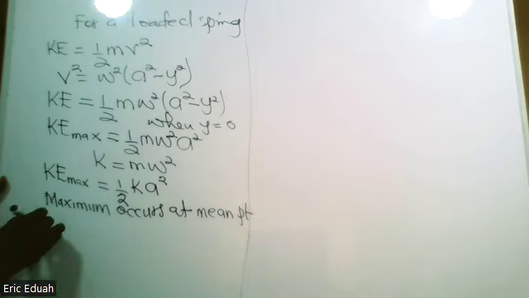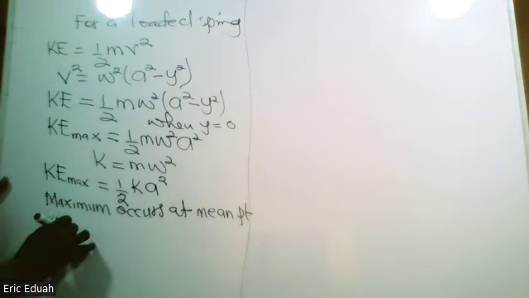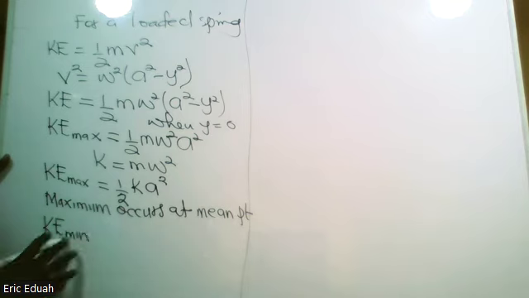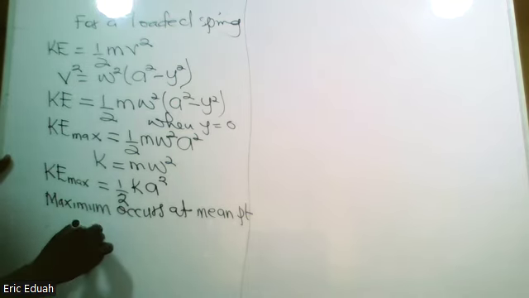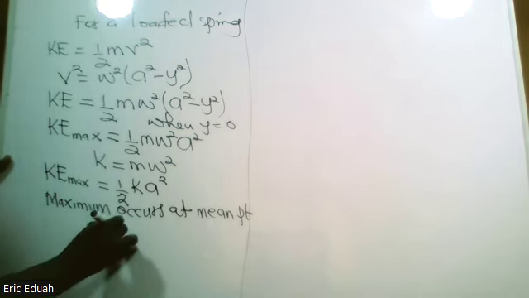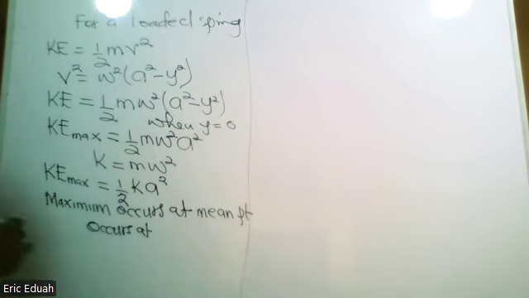So the KE minimum occurs at the what? Where does it occur? At the extremes. And at the extreme, the displacement is equal to what? Amplitude.